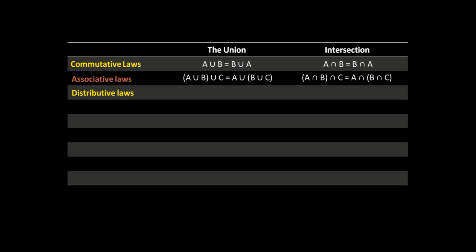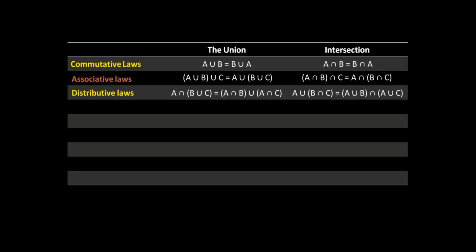Okay. Now we have the distributive laws. Under the union column, we have the intersection of A and the union of B and C, which is equivalent to the union of the intersection of A and B and the intersection of A and C. So if you look at this, you will see that A is distributed to B and to C. That's why we have the union of the intersection of A and B and the intersection of A and C. The same thing applies under the intersection column.